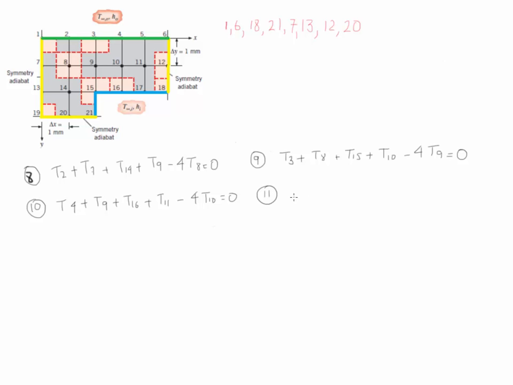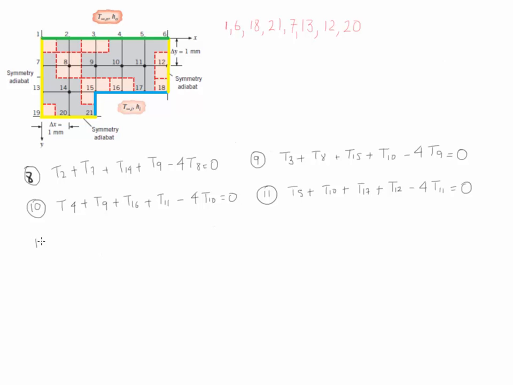The surrounding nodes are 5, 10, 17, and 12. Therefore, we write the equation as T5 plus T10 plus T17 plus T12 minus 4 times T11 is equal to 0.